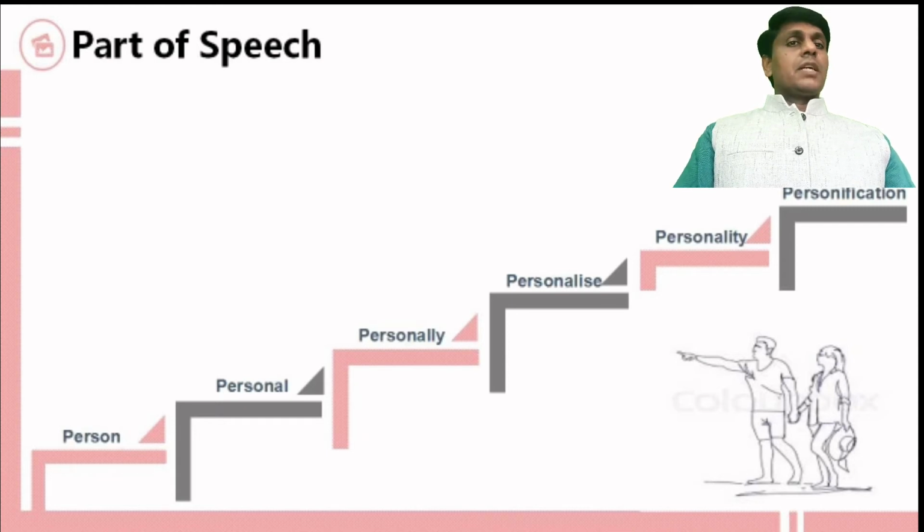Personally, I will guide you personally. Personality, he has a good personality. Personification, personalize. So many words I can make out of the single word, of different parts of speech.